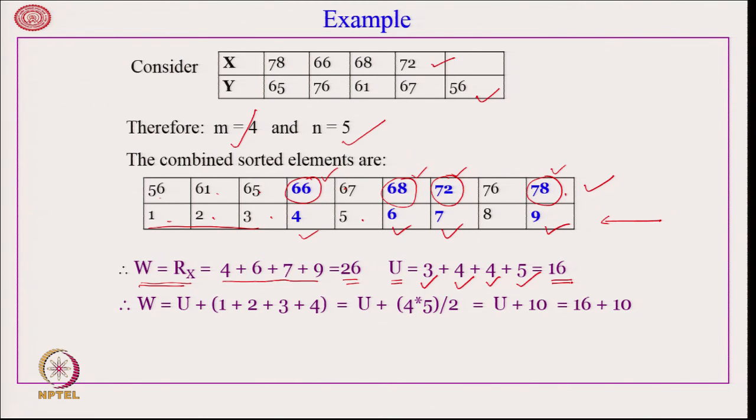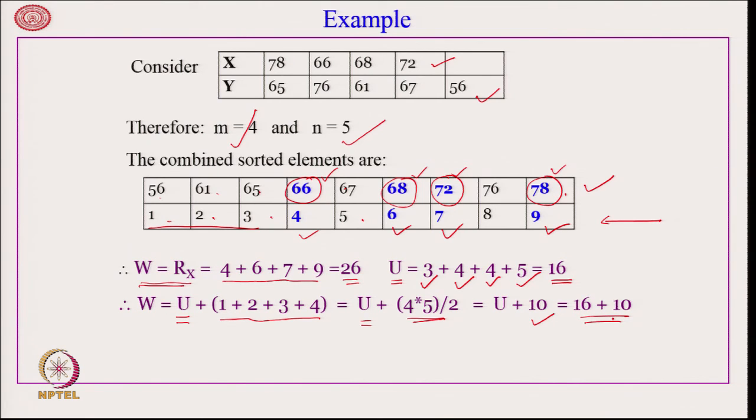Therefore, we can see that W is equal to U plus 1 plus 2 plus 3 plus 4, because the sum of ranks of x elements within themselves is going to be 1, 2, 3, 4, that is, U plus 4 times 5 by 2, which is equal to 10. Therefore, 16 plus 10.